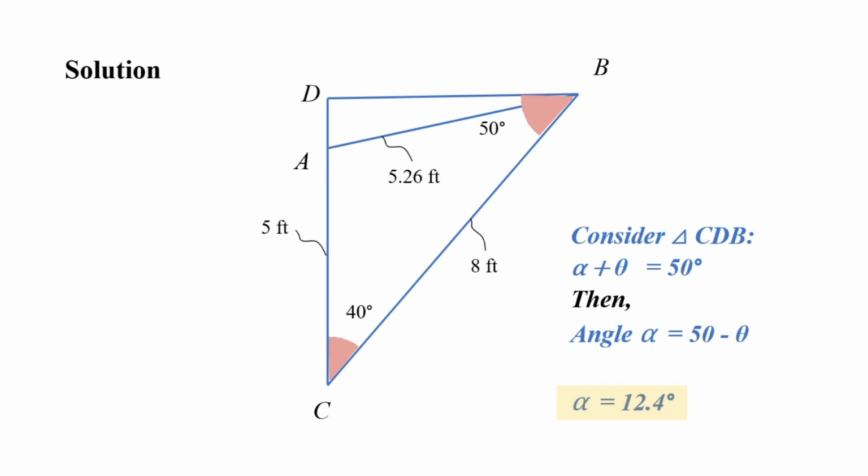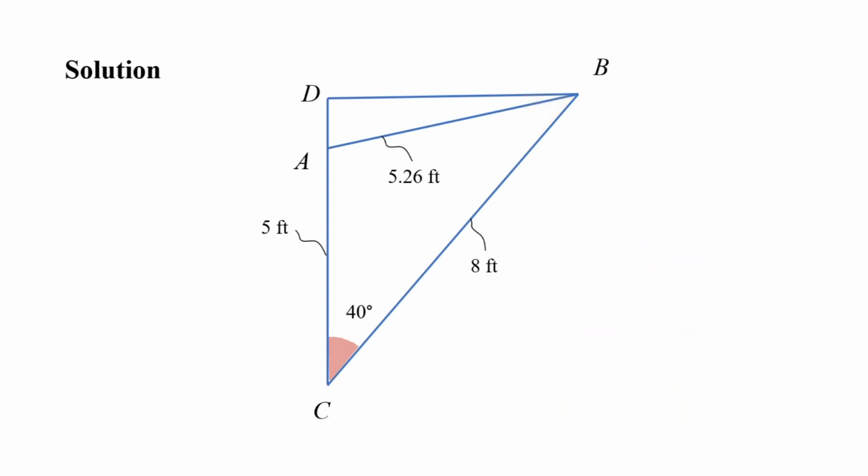Okay, that's one method. There is another method that I want to show you. Again, we're going to work with this triangle CDB. In this triangle, side DB over side CB is going to be sine angle 40, because DB is the opposite to angle C. Which means we can compute side DB because we have CB using cross multiplication.